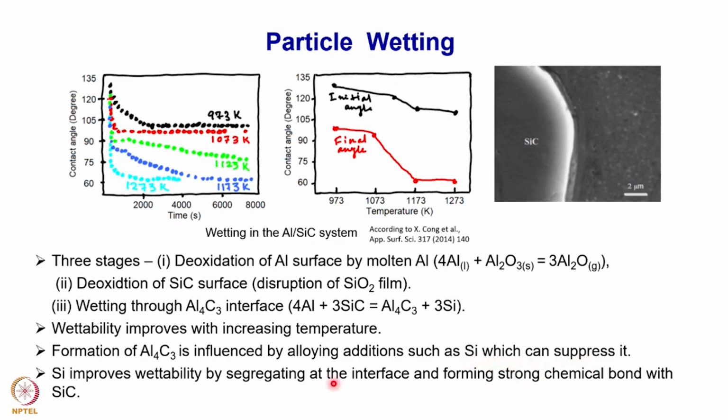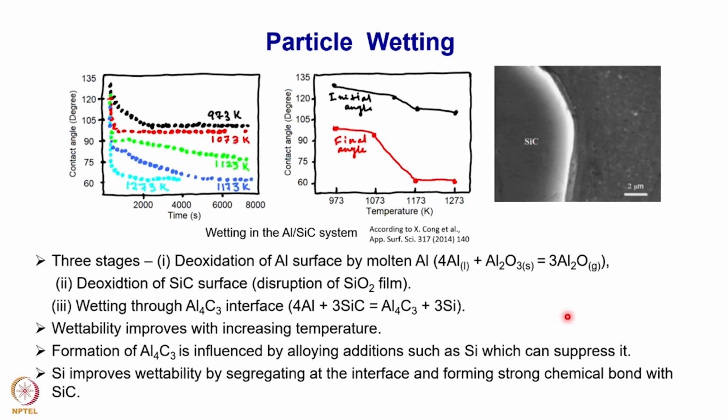So if you want to prevent the large scale formation of aluminum carbides, and you want them only to be restricted as a thin layer along the interface, then silicon is an alloying element which can be added to prevent the formation of aluminum carbide as a reaction product rather than as a thin interfacial layer.